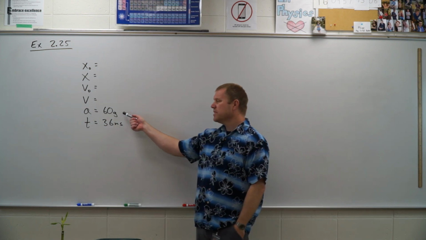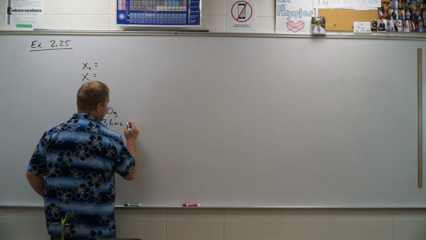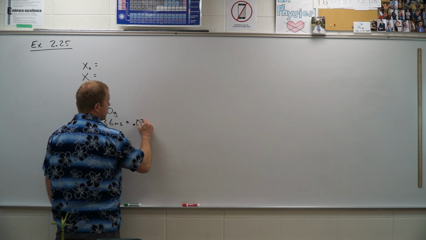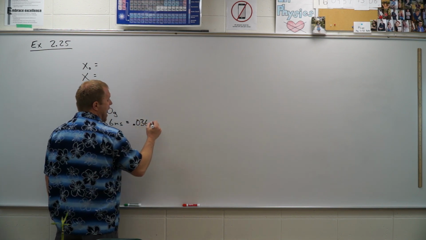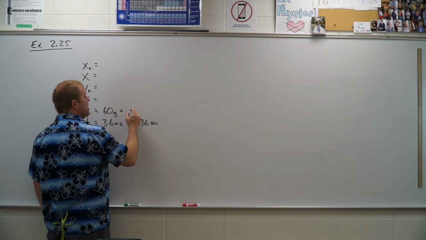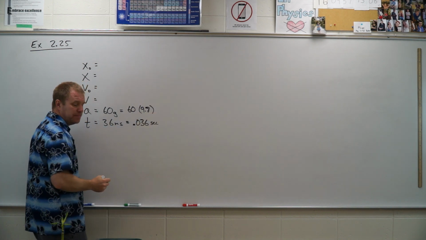All right, so the first thing we have to be careful of here is units. When I see 36 milliseconds, I'm going to need to get that into seconds. So that's 0.036 seconds. How did I know to put it into seconds? Well, when I see 60 Gs, that's 60 times g, which is 9.8.